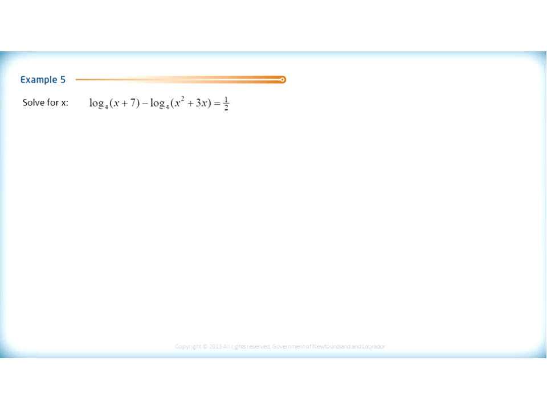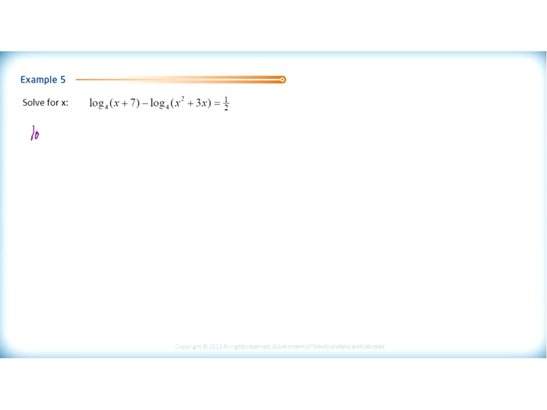In this example, we again are asked to solve for x. We have the log of x plus 7 to base 4 minus the log of x squared plus 3x to base 4 is equal to 1/2. Notice on the left-hand side that we are looking at the difference of two logs.